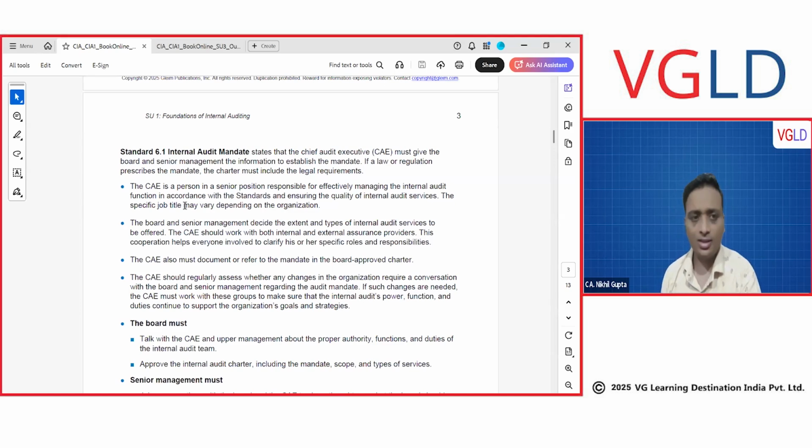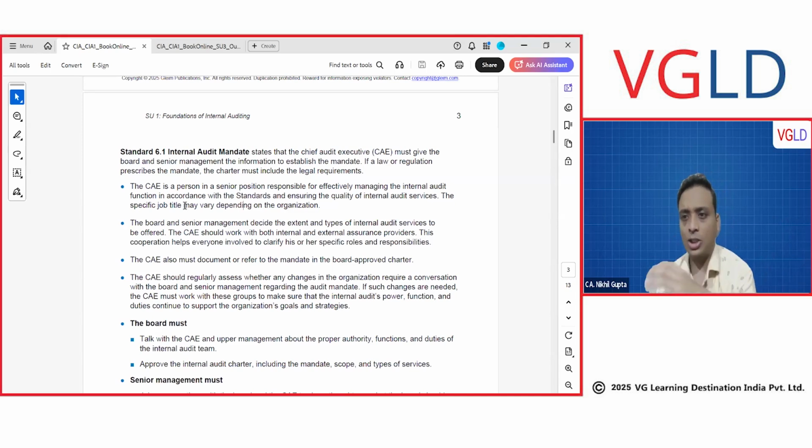For example, just take XYZ company. You are the internal auditor, but who is responsible for this internal audit mandate? Is it you or is it the CAE? There must be one person in a higher senior position within company XYZ who is responsible for this mandate and the internal audit functions.